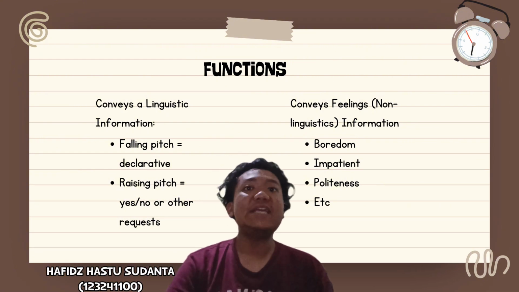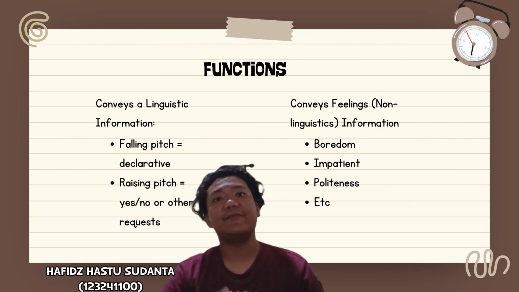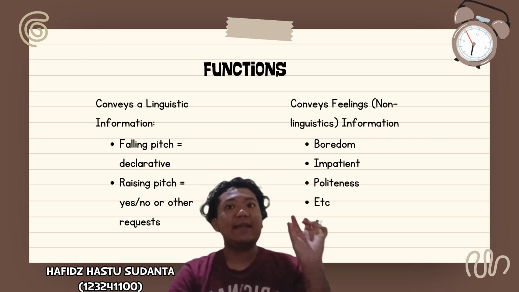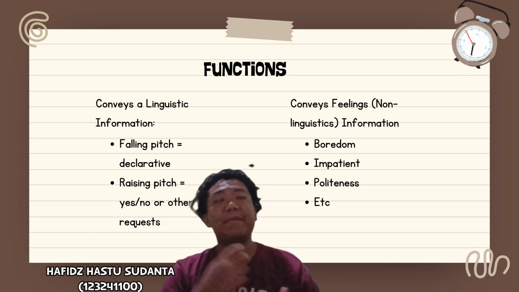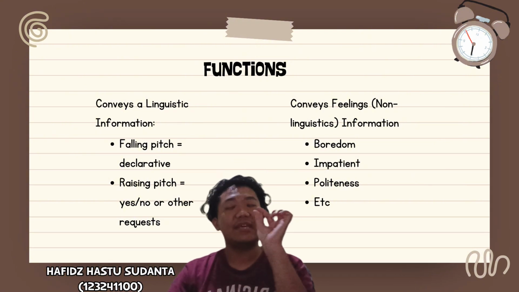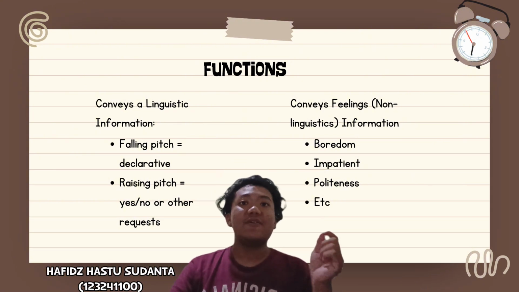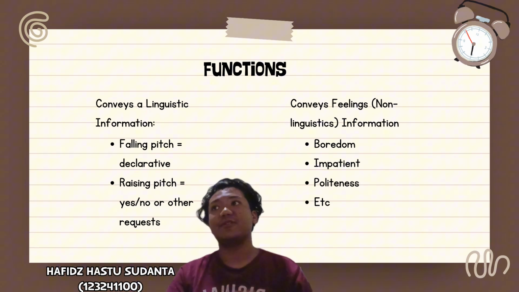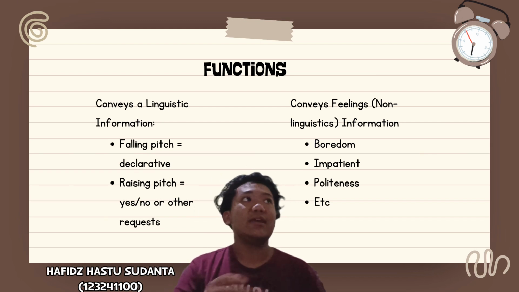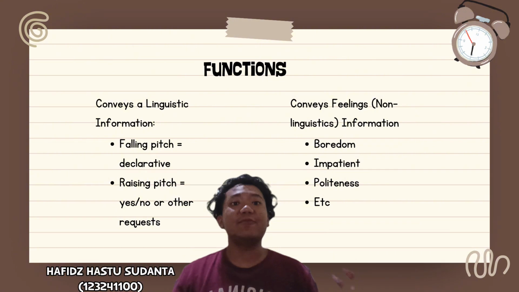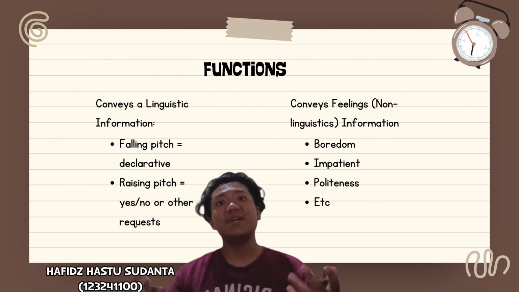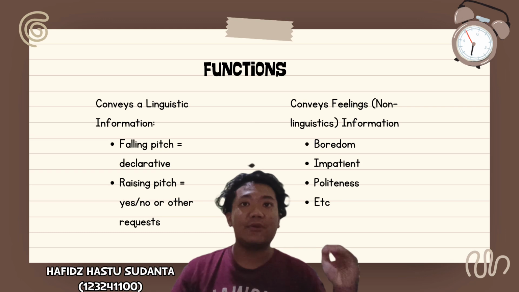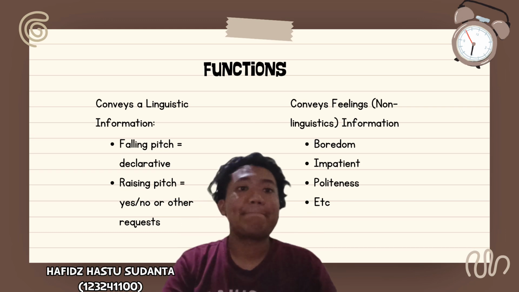For example, if you're bored, you might say something in a flat pitch. If you're impatient, you may say something in a higher pitch. Or if you want to be polite, or speak to someone who is older or generally respected, you might speak in a softer and lower tone of intonation.